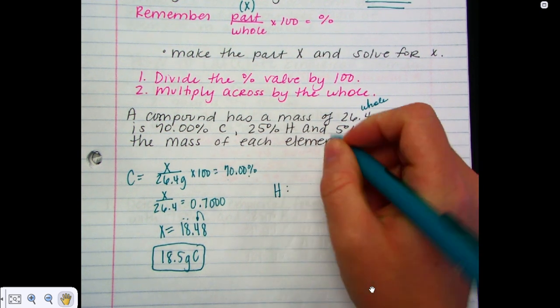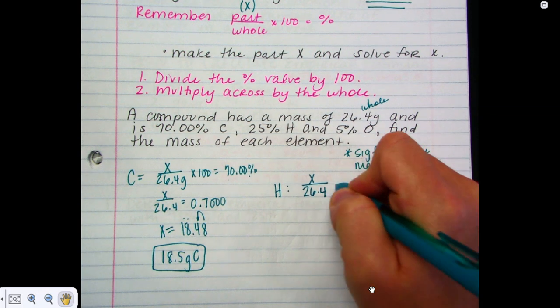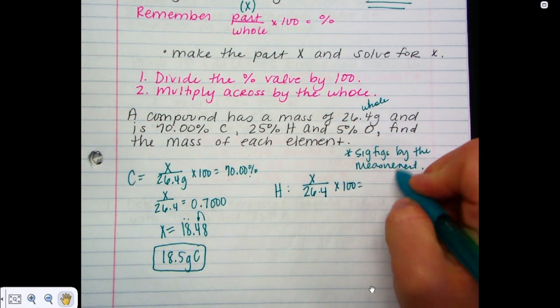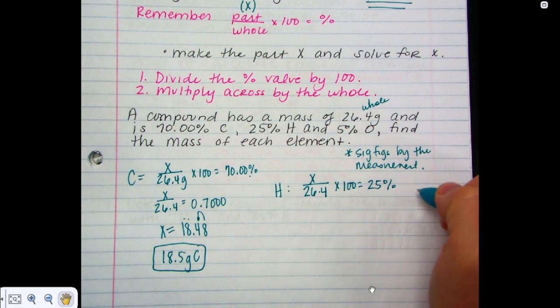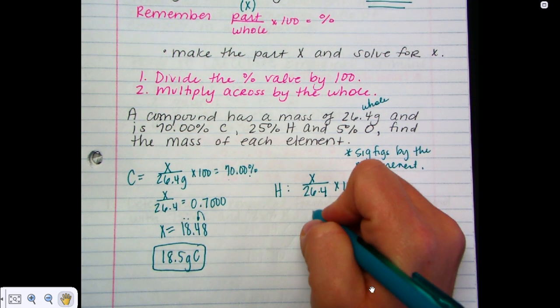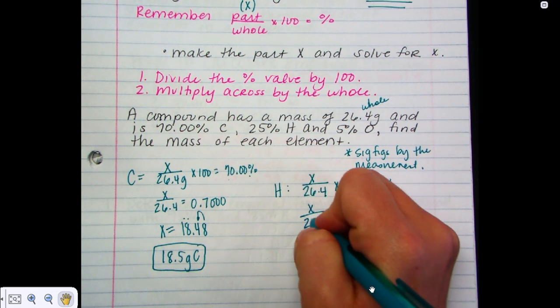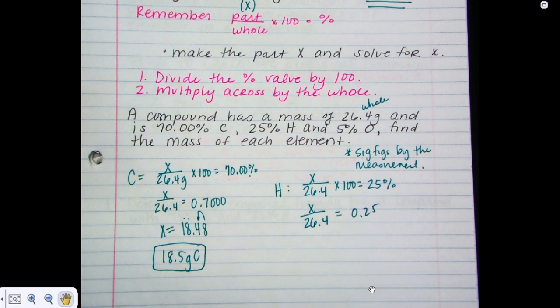Same exact thing. X over the whole, 26.4 times 100 is equal to the percent, 25%. Divide by the 100. So I'm going to move my decimal 2 places to the left. X over 26.4 is equal to 0.25.